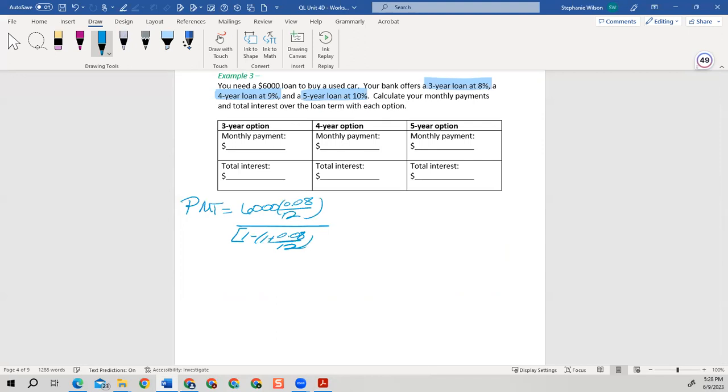We're going to raise it to the power of negative 12 months times that 3 years. So when I calculate this, I get 40 over 0.212745, which gives me $188.02 for the payment.